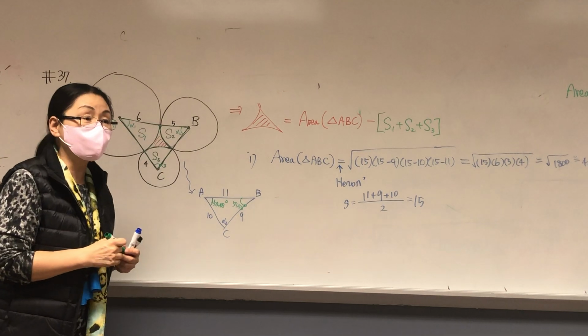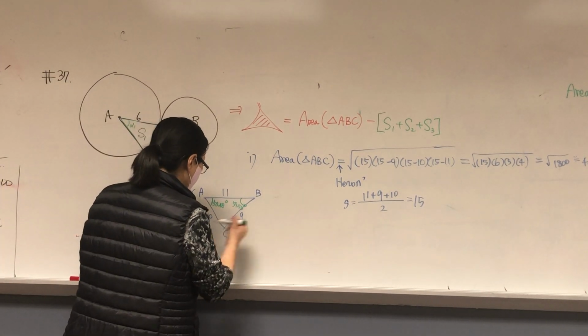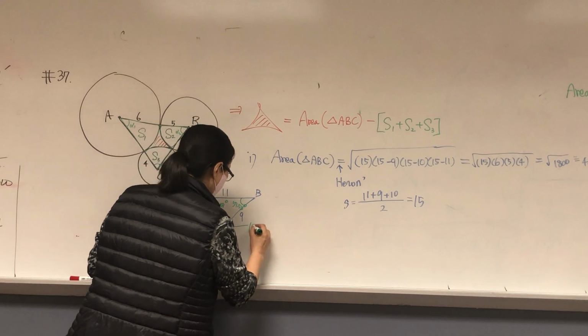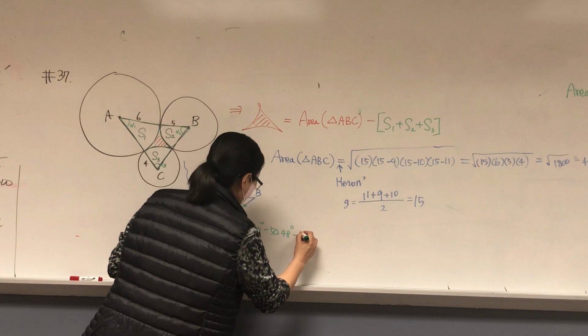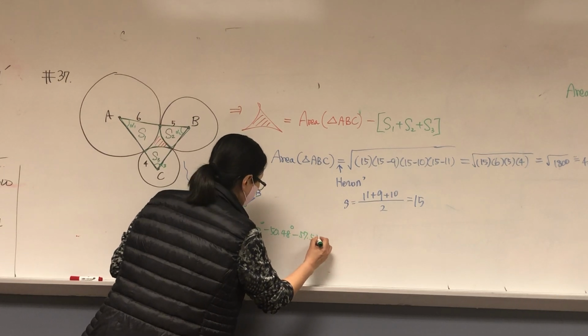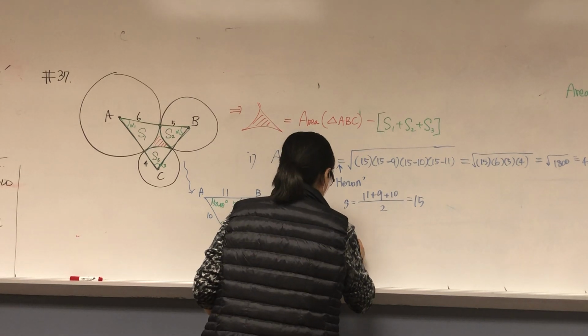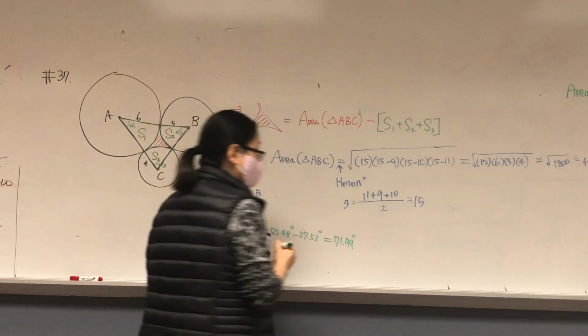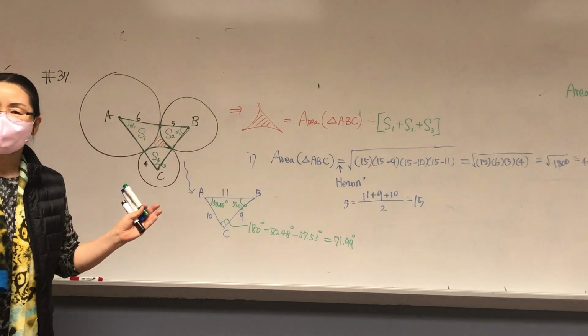Yes, am I right? Now, what is alpha 3? 180 minus 50.48 minus 57.53. What is it? It should be 71.99. Good. So all the angles are given.